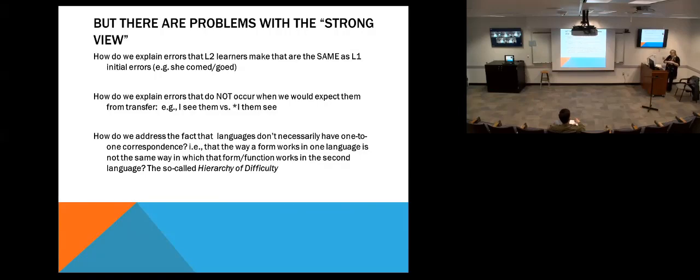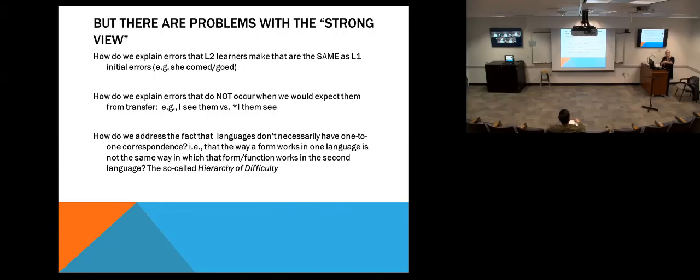The second issue is, how do we explain errors that do not occur when we would expect them to occur? And there was an example in your book, I think, from French, which has an I, them, see structure. So is it French? Yeah, je les vois, okay, which means I see them, right? So in French, it's je les vois, I, them, see.